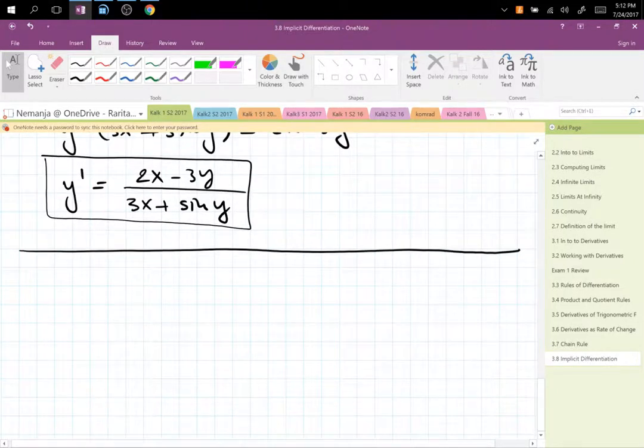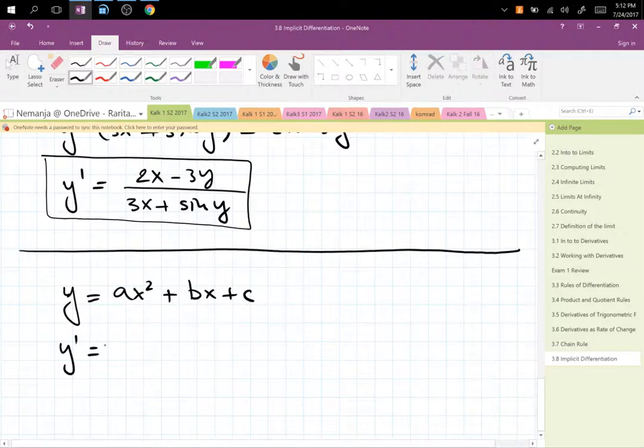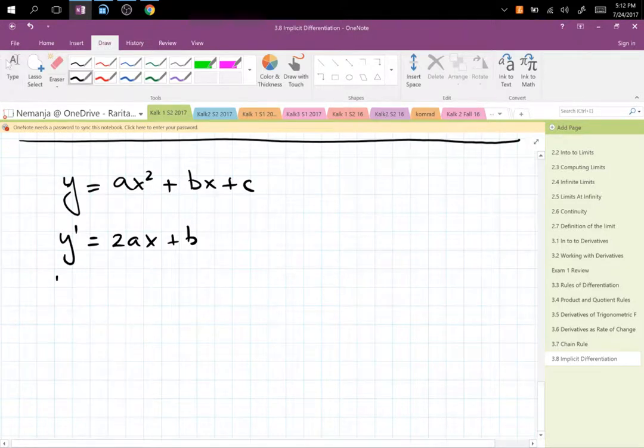I would like to kick off that discussion by writing y equals ax squared plus bx plus c, and then say y prime is 2ax plus b, y prime is x squared, y prime is x, and y prime is 1.